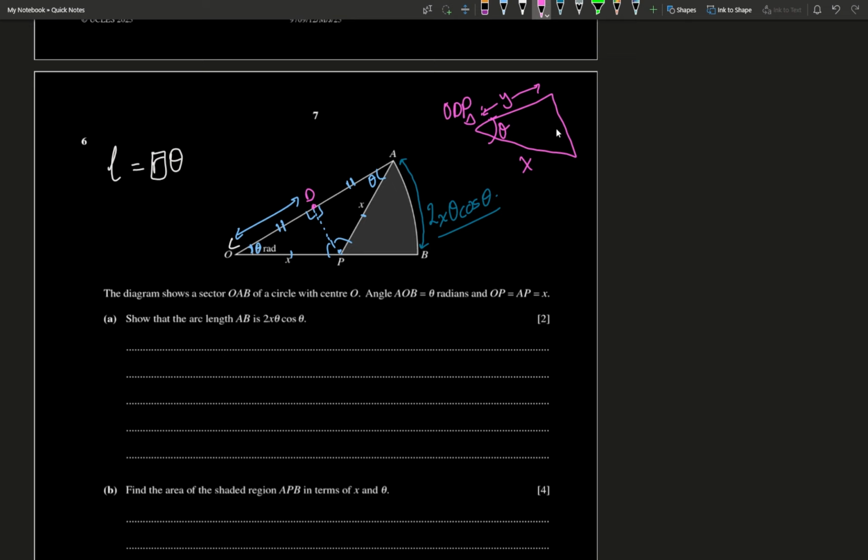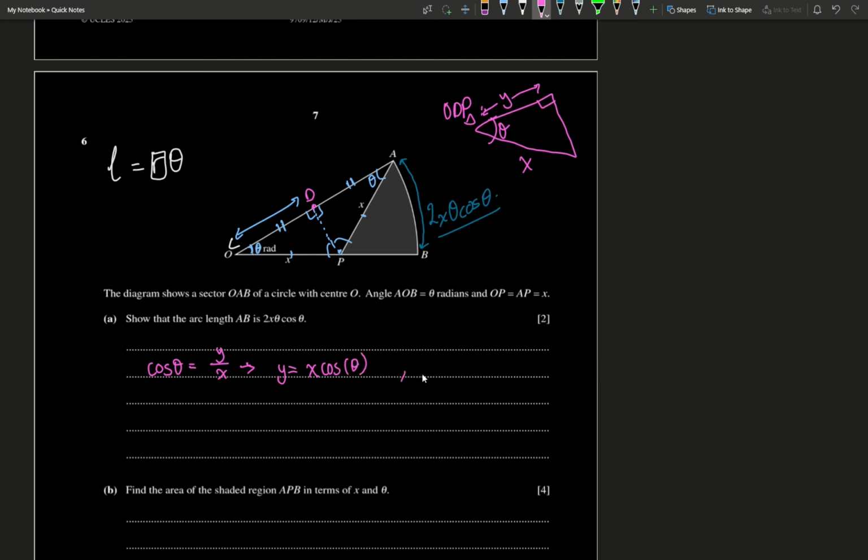We're also given the hypotenuse which is x, which is opposite to the right angle. I can use trigonometry since the sides we're given are the adjacent and the hypotenuse. We can use cosine. I know that the cosine of theta is equal to the adjacent divided by the hypotenuse, which is y over x, meaning that y is equal to x times cosine of theta.